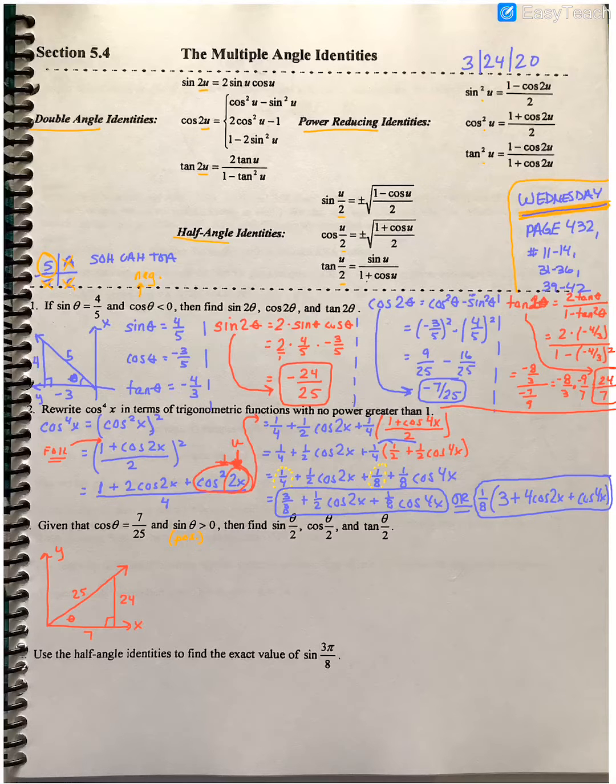So if I write down my information that I'm going to need to know going forward, we're provided that cosine is 7/25. We also need to know sine theta. Remember, sine is opposite over hypotenuse, which is going to be 24/25. And I think that's all the information we need to begin this problem.